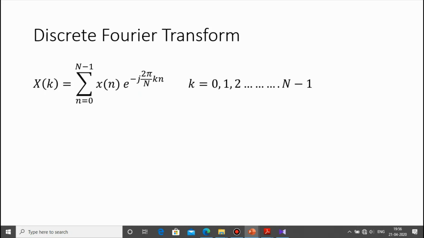Since the summation is taken over N points, it is called N-point DFT.